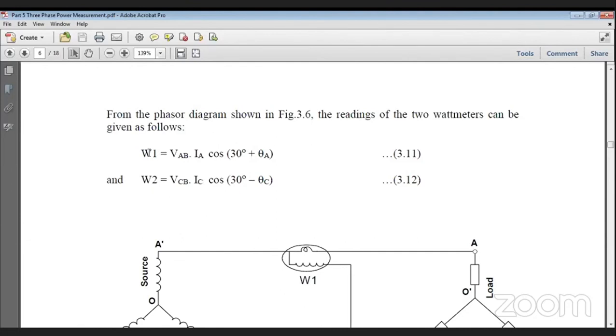Another zone is power factor less than 0.5, then of course one wattmeter will be positive, another wattmeter will be negative. Another one is power factor exactly 0.5, then one wattmeter will be positive, the second will be 0.